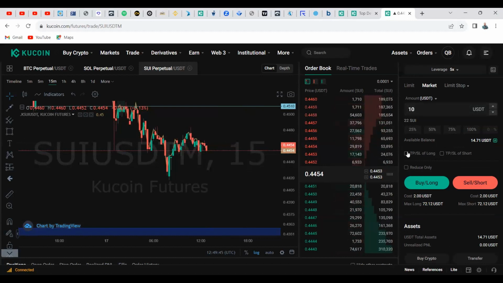So here you can set your take profit and stop loss for a long, which is a buy, and here would be take profit and stop loss for a short, which is a sell. Okay, so you can place all of this and just let the market do what it does. If it does kick you out or stop you out, that's totally fine, because it happens. All right.